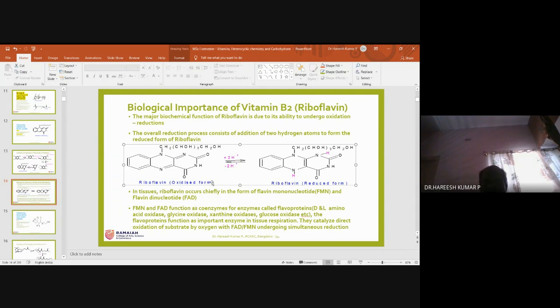Riboflavin occurs as a coenzyme for the enzymes involved in the oxidation reduction system in the living system, for example DL amino acid oxidase, glycine oxidase, xanthine oxidase, glucose oxidase.